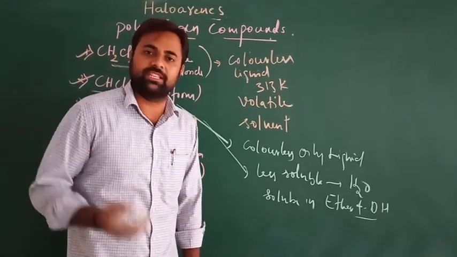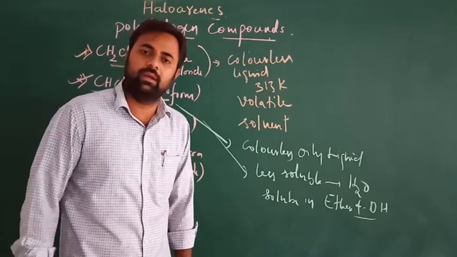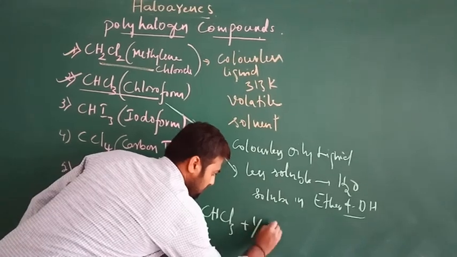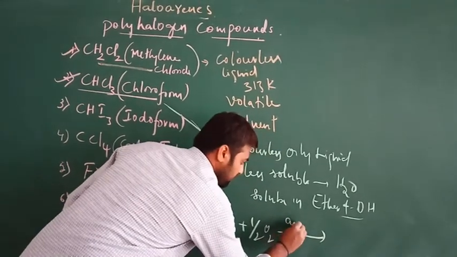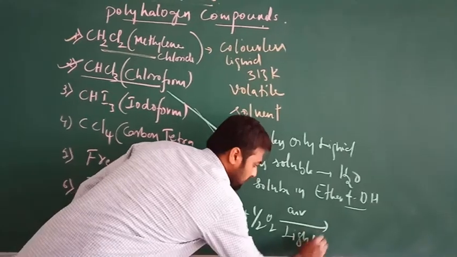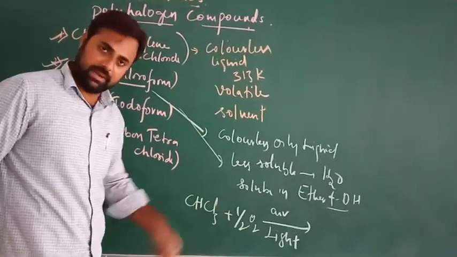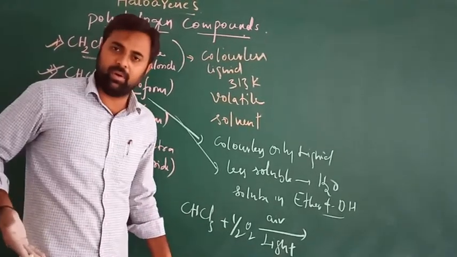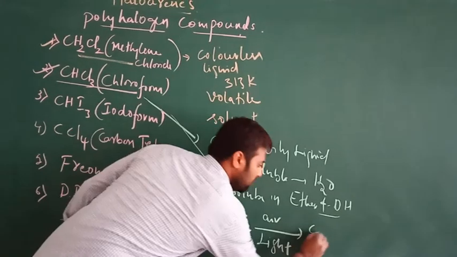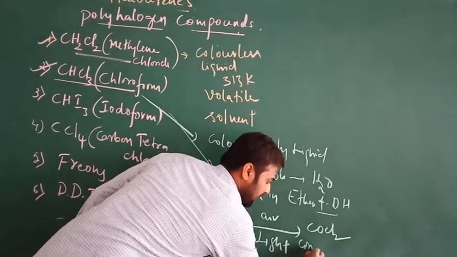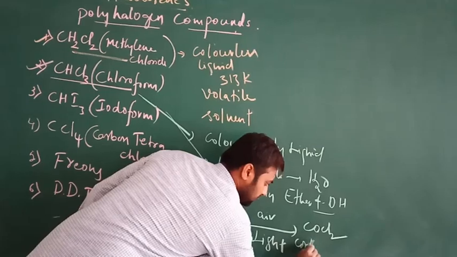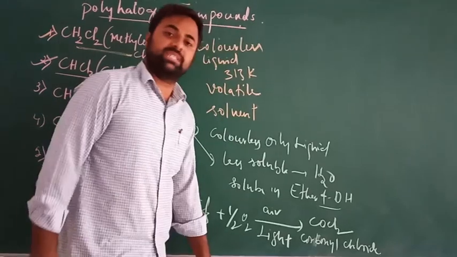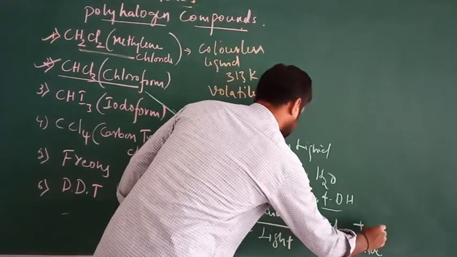When chloroform is exposed to air or in the presence of light, this chloroform slowly oxidizes into a poisonous compound called phosgene gas, that is COCl2, carbonyl chloride, what we call phosgene gas. Yes.